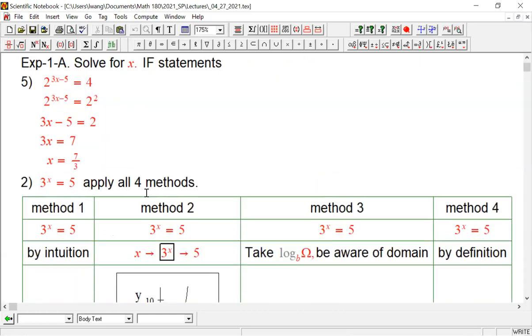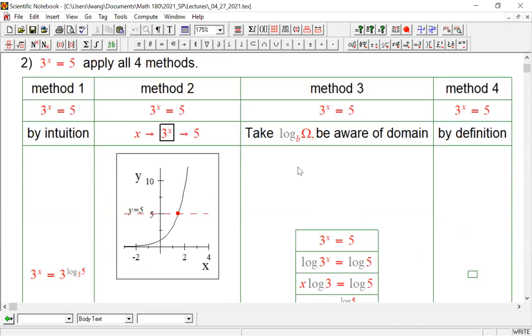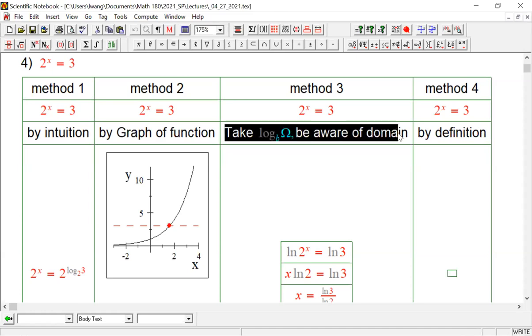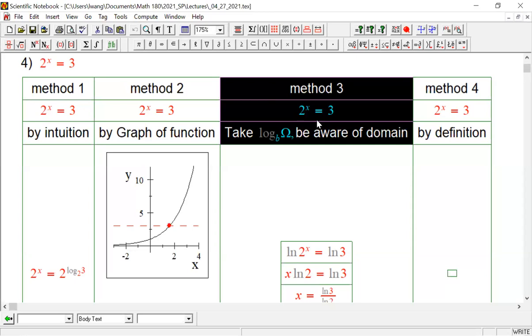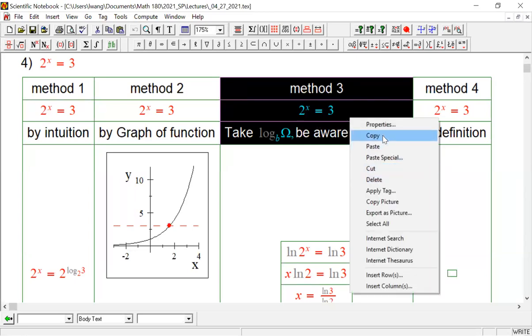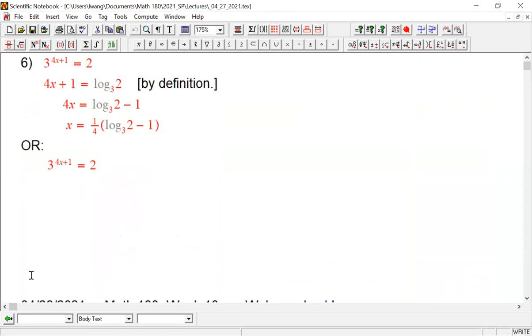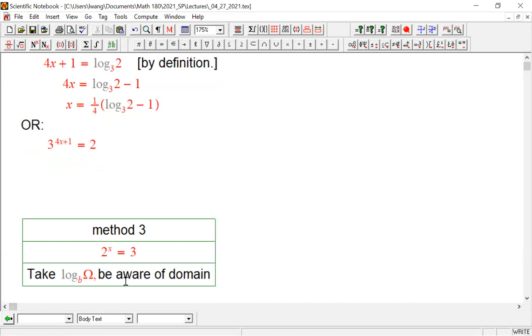So this is one of the 4 methods, right? You take logarithm on both sides. Let me copy and paste this part. When we take logarithm on both sides, we need to be aware of the domain.